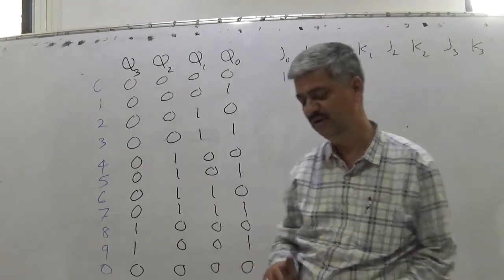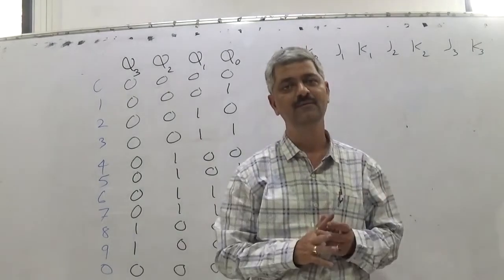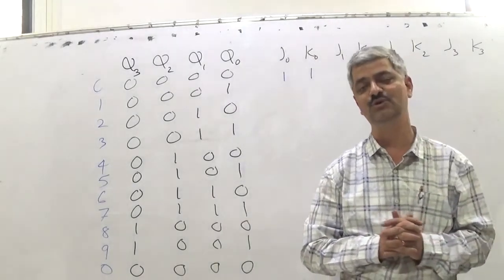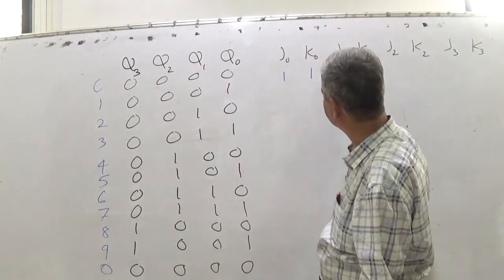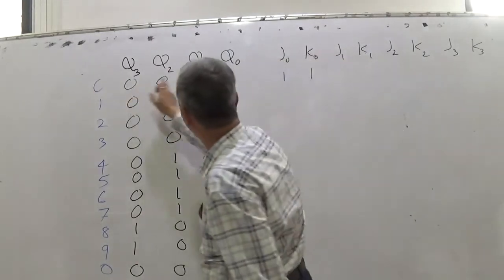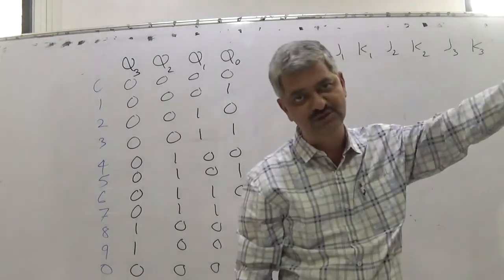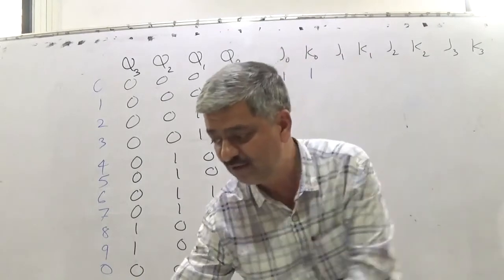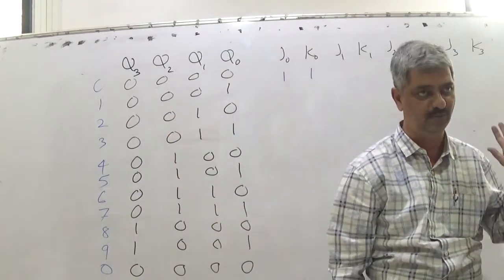So now we wind up the lecture by giving you homework wherein you will come up with all possible ways. This J1 and K1 should be such that all current outputs can drive the inputs J0 K0, J1 K1, J2 K2, J3 K3, so that we get the next state appropriately for all 4 flip-flops.